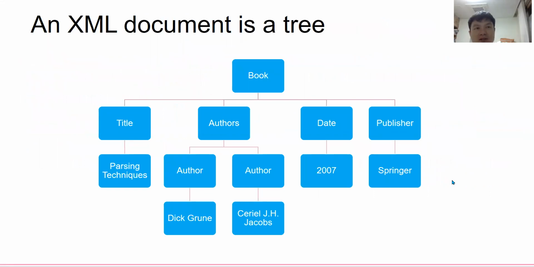The XML document is a kind of tree. So you already know that the code in Python is expressed as a tree. So book is the root, and then title, author, date, and publisher, they are the tags, and then the elements are parsing techniques, author, 2007, Springer, and then you still have the child nodes, which are the two authors.